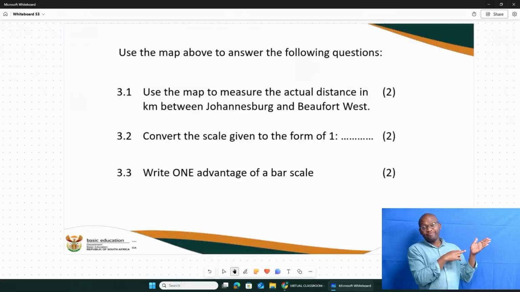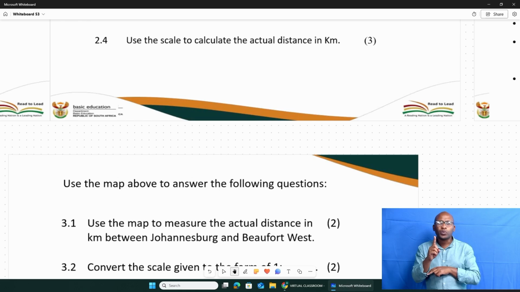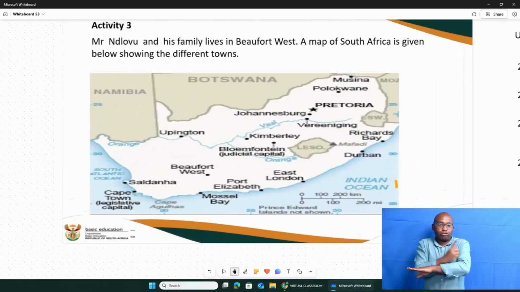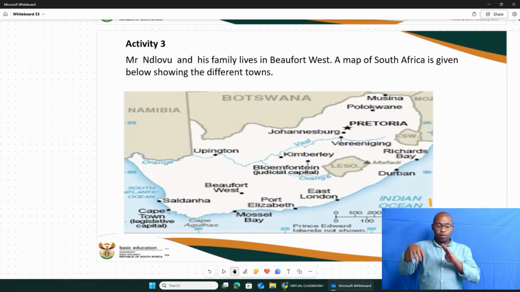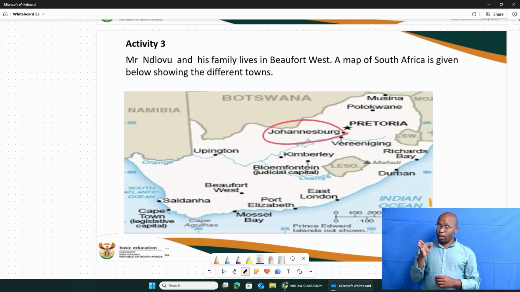If you go down to check the map, you use the same map, as it states, use the above to answer the question that follows. Then you use the map to measure the actual distance in kilometers between Johannesburg and Beaufort West. Use the above measurement to calculate the distance between Johannesburg and Beaufort West. There is Johannesburg.